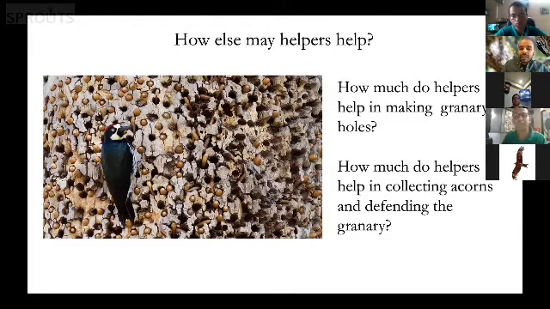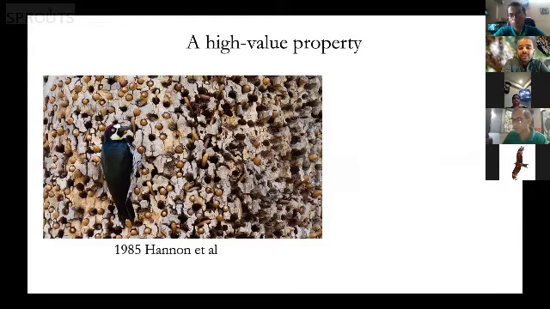So in 1985, there was a lady called Sue Hannon who worked on acorn woodpeckers in the same place. And she realized that whenever there was a breeding vacancy, whenever there was a chance for a male or a female to move into one of these high value properties, there was what was called a power struggle.